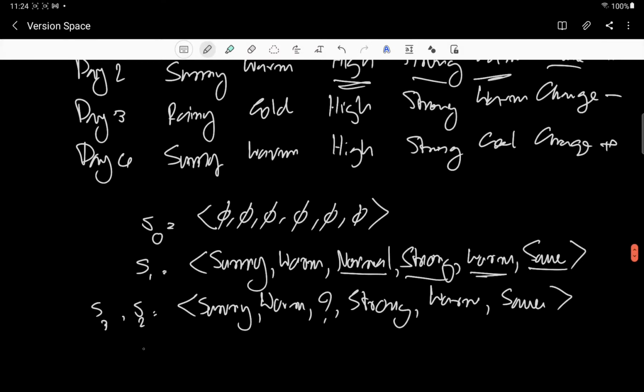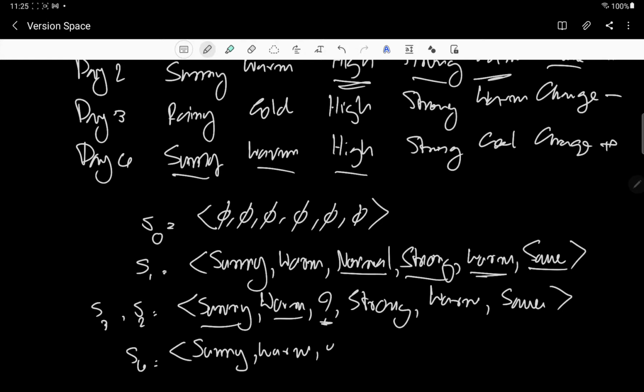And day 4, we have to check that sunny satisfies sunny, so we can leave it sunny. Warm satisfies warm, so we can leave it warm. Don't care covers anything, so don't care will be don't care. Strong and strong, same, so we can leave it strong.